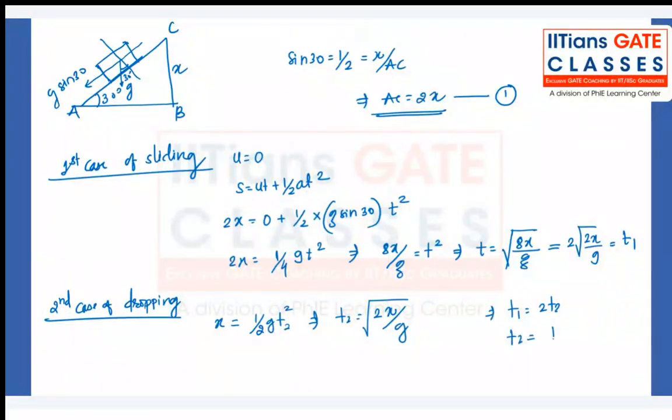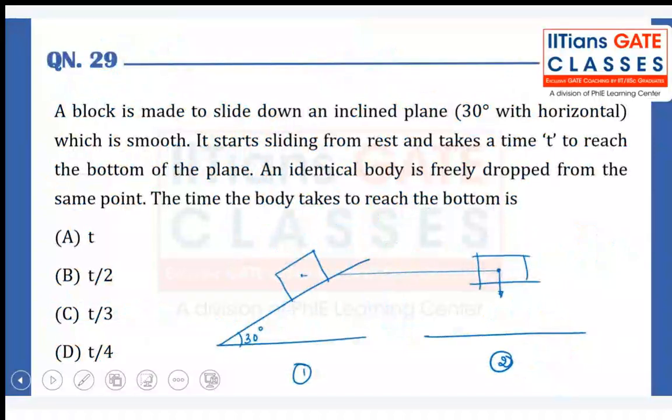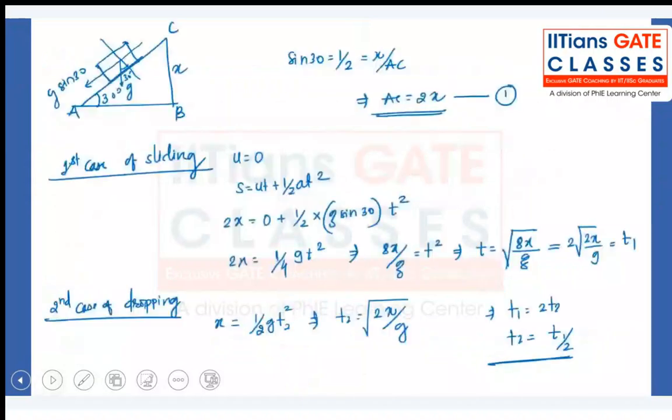This implies t2 will be t1 by 2. So half of the initial time it has to take. So the answer in this case is option B. We are just comparing equation number 2 and equation number 3 and writing it.